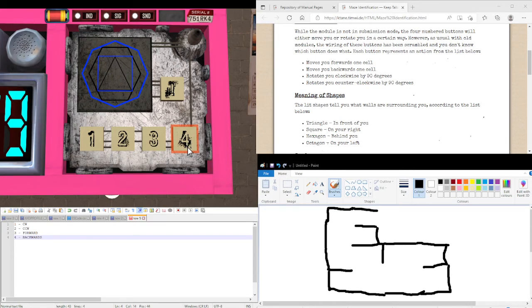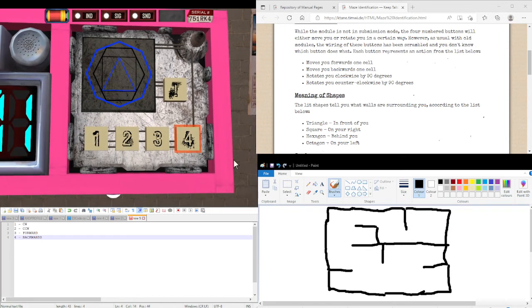Wait, yeah, the left and right wall here. So walking forwards, we now have a wall on our left here, and a wall in front of us. So here, we can immediately tell this is where it will end. So we can draw the rest of the walls in.